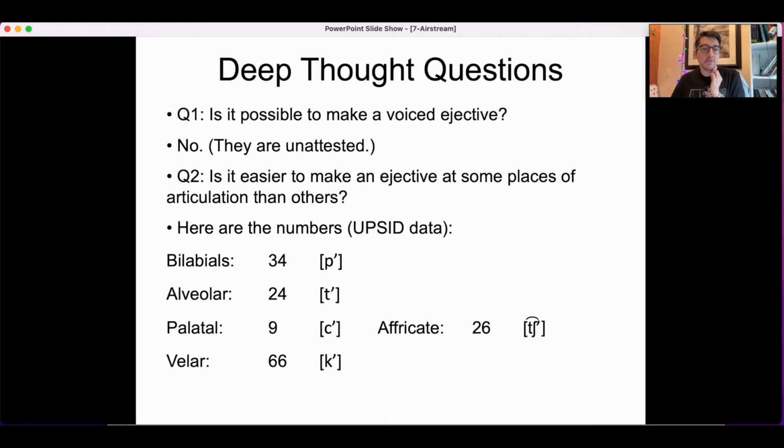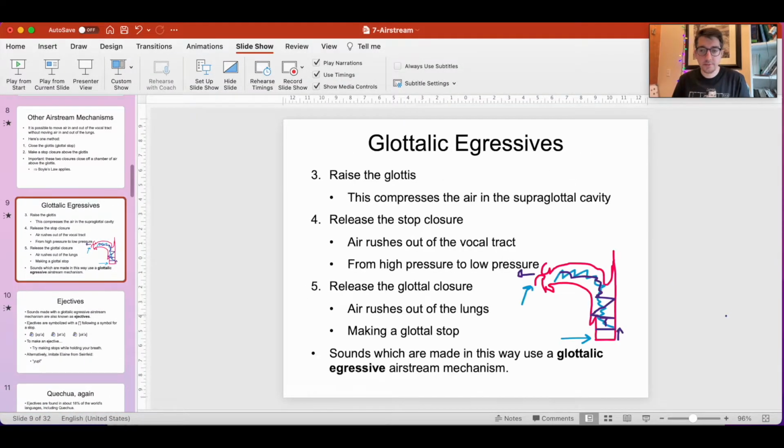Intuitively, with ejectives it's easier to make them if the oral closure is further back, right? Since it's easier to increase the pressure if the volume between larynx and closure is small. So basically, let me go back to my drawing.